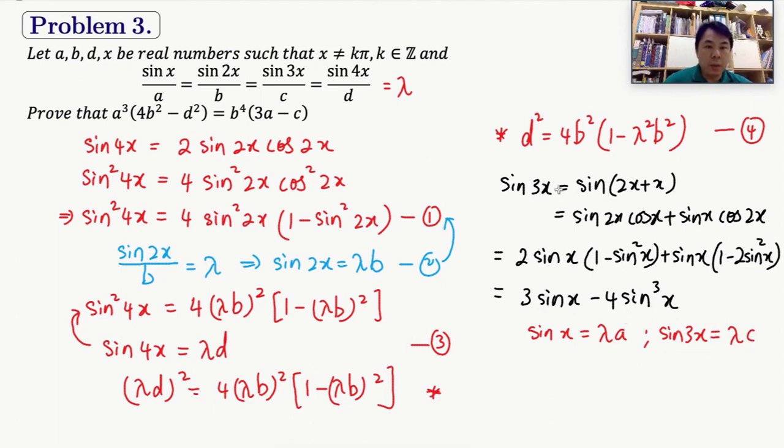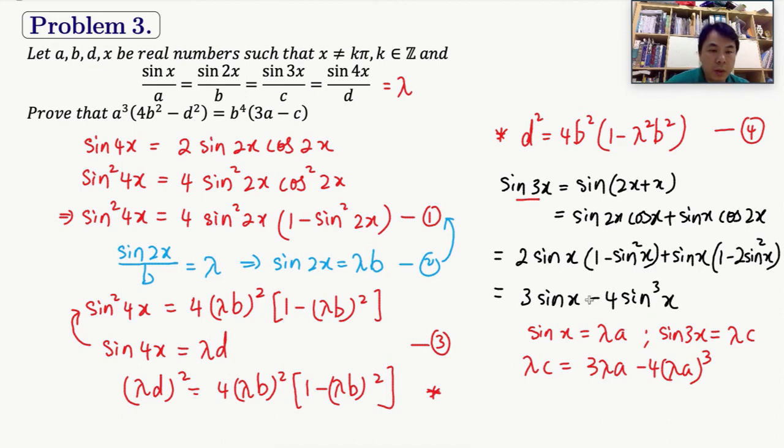So I'm going to substitute everything into this expression here. That will be a lambda c on the left hand side, which must be the same as 3 lambda a minus 4 lambda a cubed.